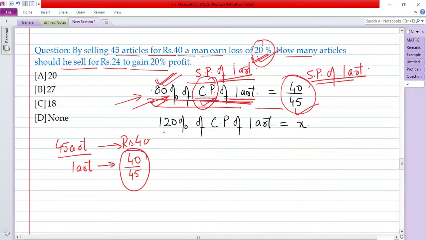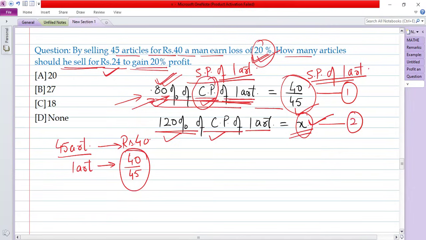Now it is required how many he should sell for rupees 24 to gain 20% profit. That means we need 120% of the cost price of one article, which is equal to what? So we assume let it be x. Say this be equation number one, this be equation number two. The left hand side and right hand side of both the equations are similar.